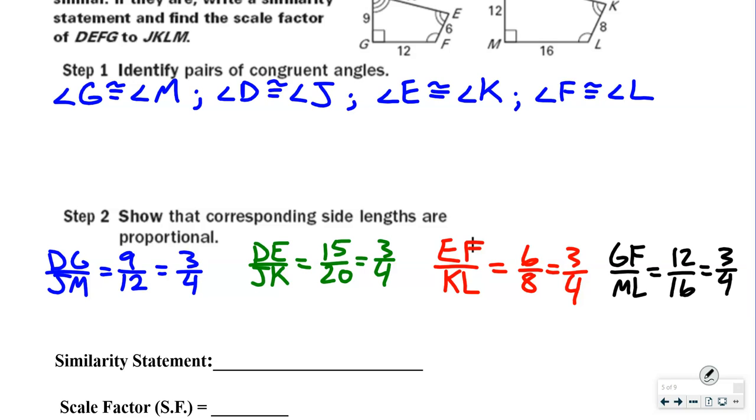We need to make sure our angles match up, our vertices need to match up, just like our congruence statements did. So if I call my first figure DEFG, it would be similar to JKLM.